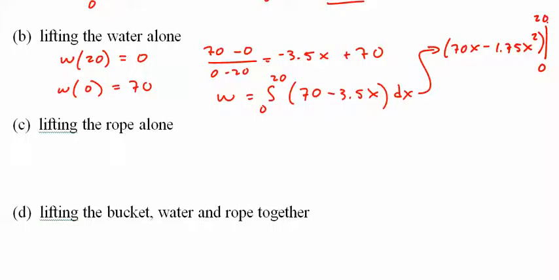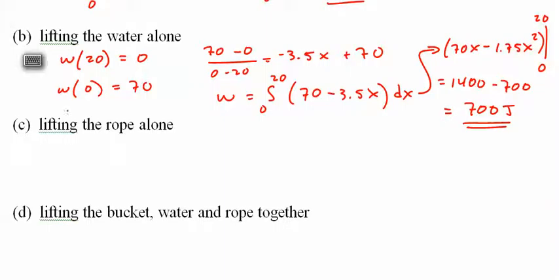So we need a calculator to blast this one out, and we should get 1400 minus 700 equals 700 joules. So somebody needs to fix the bucket or tell the people up top, if it gets lighter and lighter when they're lifting the bucket, then they've probably got a problem.